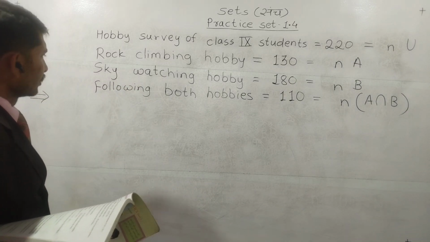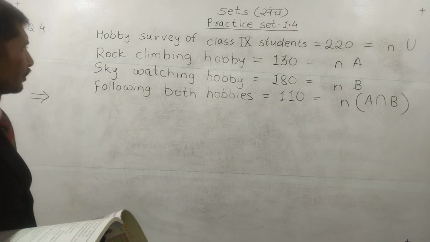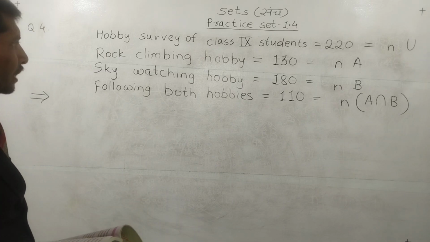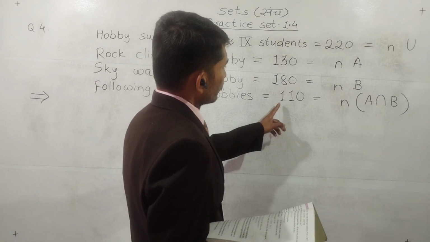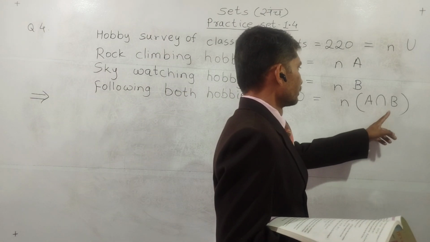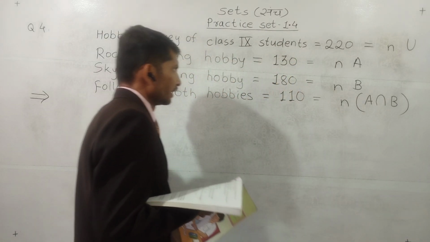Okay. Now last one is following both the hobbies. The students who follow both hobbies, means sky watching as well as rock climbing, these type of students are 110 students. Means that the number of elements in A intersection B is equal to 110.